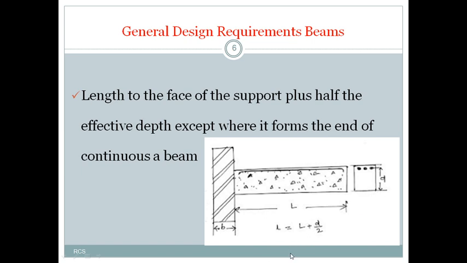So the effective length l equals L, the length of the beam up to the face of the support, plus d by 2. Finally, the effective length of a singly reinforced cantilever beam is small l equal to capital L plus d by 2. So this is how we can calculate effective length for a simply supported beam as well as for a cantilever beam.